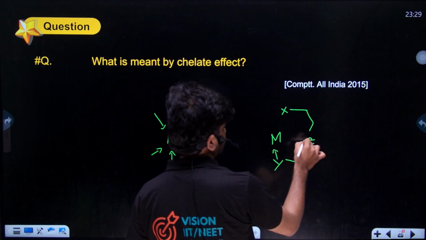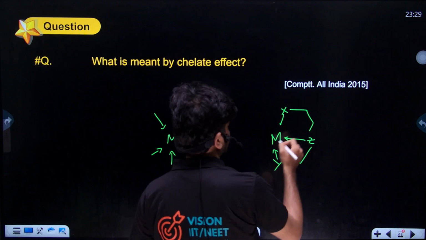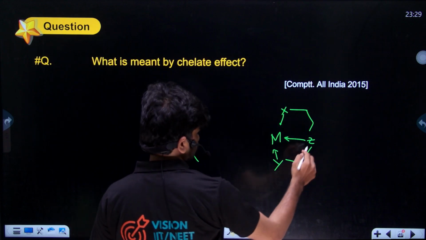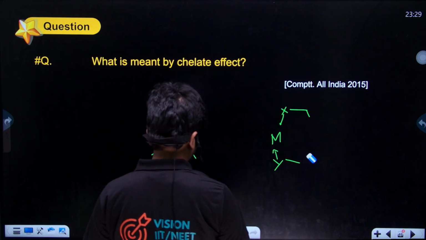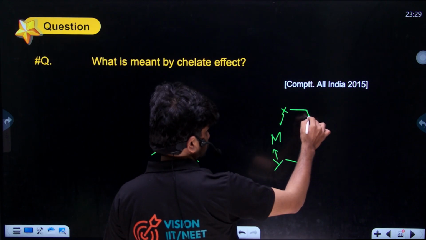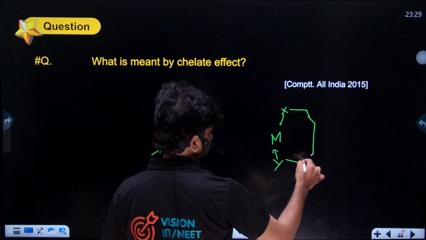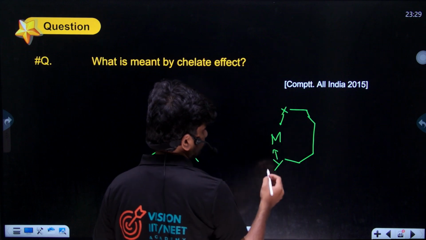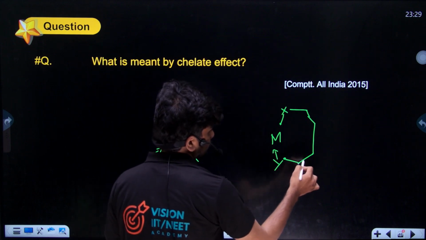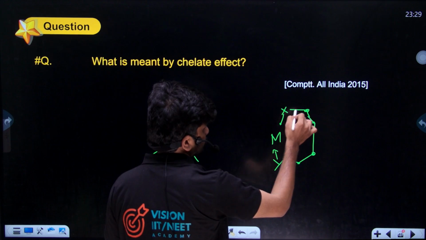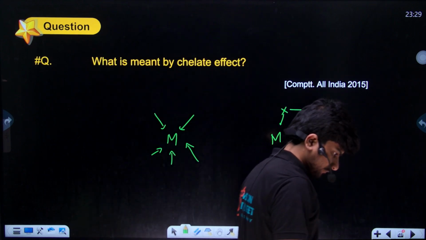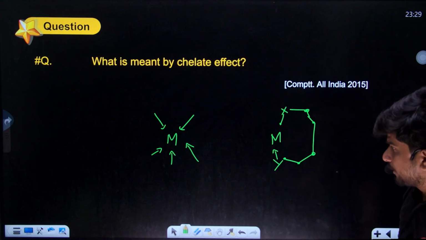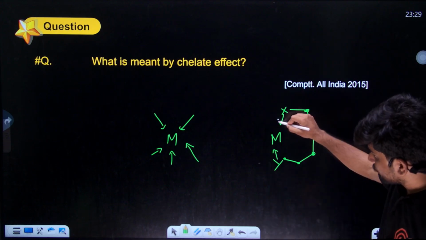This can donate, this can donate, or you can take generally a structure like this. Now if you see, 1, 2, 3, 4, 5, 6 atoms are there in this, out of which 2 are donating. So there are 2 donating atoms.